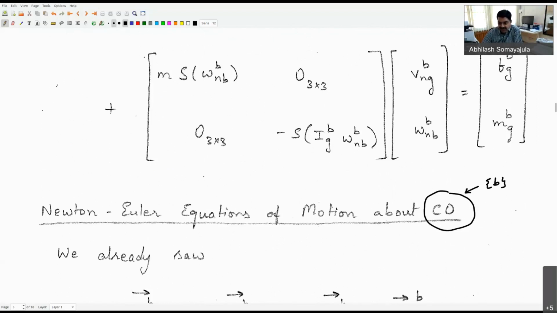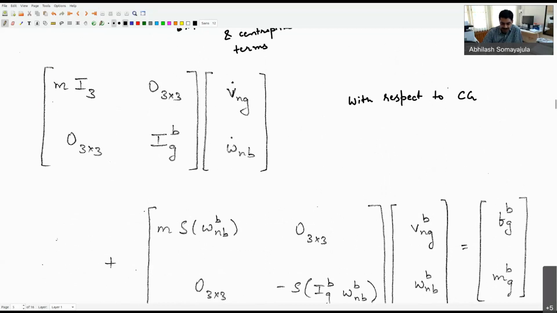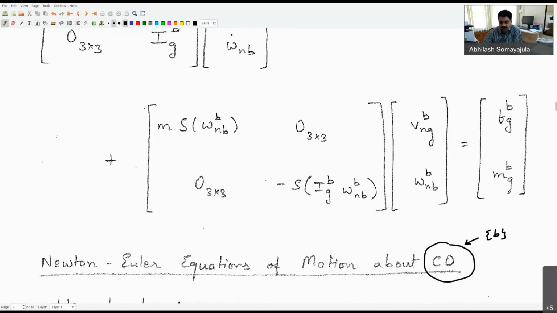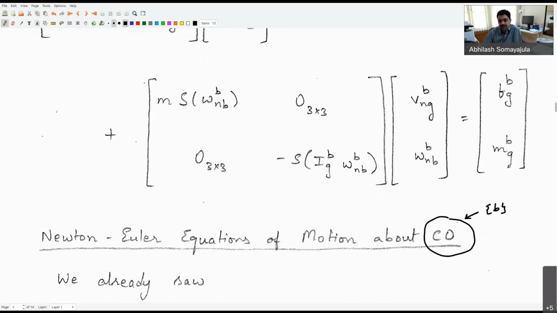I want to derive this in the B frame with respect to the coordinate origin, because generally this is a fixed point that I can choose, whereas the center of gravity need not be a fixed point always. Depending on whether we are going on a ballast voyage or are in a fully loaded condition, the location of the center of gravity may change. And in order to have a consistent way to derive our equations of motion, which are not changing with time, we would prefer to have them about the coordinate origin.